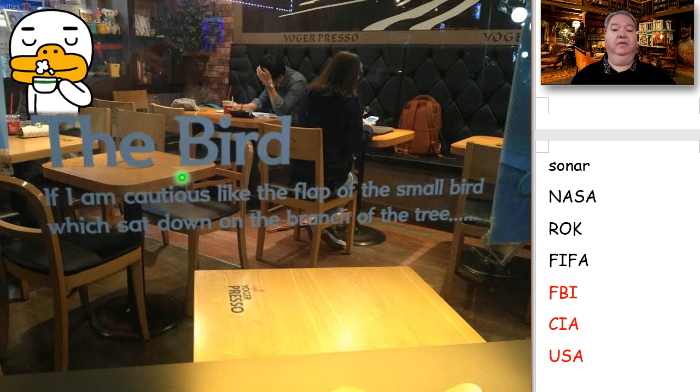It says, "If I am cautious, like the flap of the small bird, which sat down on the branch of the tree." Let me try that again. If I am cautious, like the flap of the small bird, which sat down on the branch of the tree.